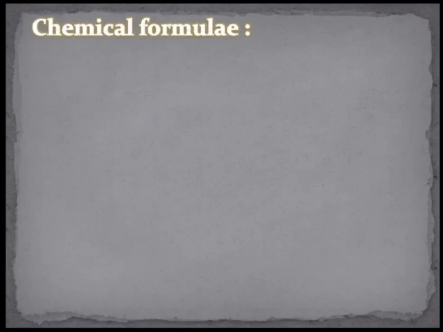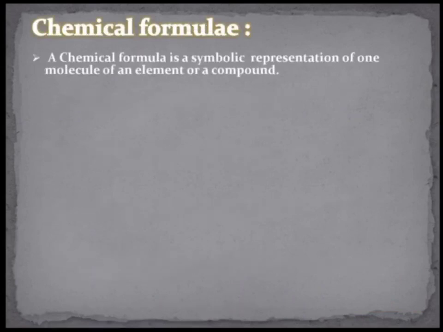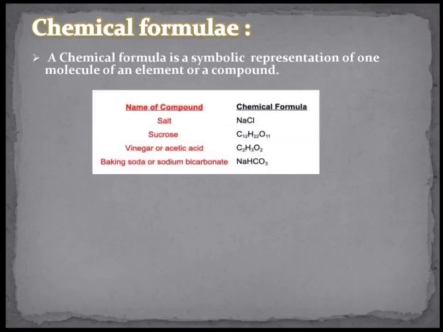Chemical formula. What is a chemical formula? It is a symbolic representation of one molecule of an element or a compound. For example, NaCl, salt: one atom of sodium and one atom of chlorine. Sucrose: 12 carbon atoms, 22 hydrogen atoms and 11 oxygen atoms.